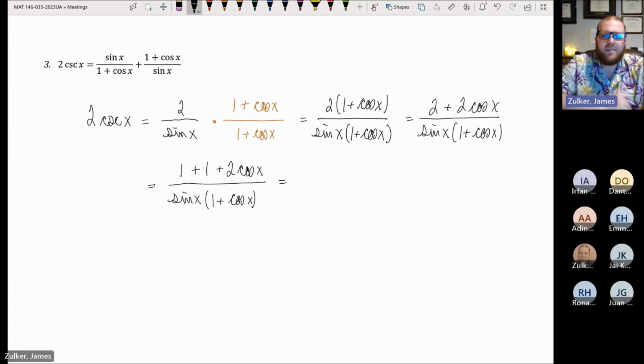And one of these ones, let's write it as sine squared plus cosine squared.